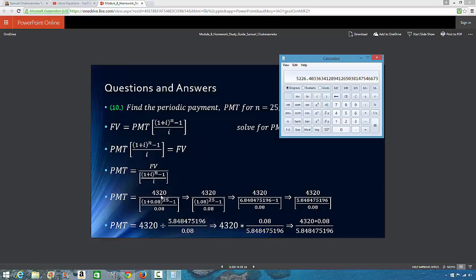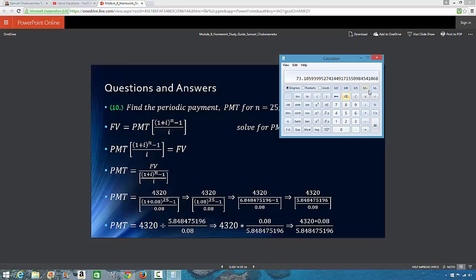So let's do this one. We do the denominator here. We start with the denominator. 1 plus 0.08 equal to, then raised to power 25 equal to, minus 1 equal to, divided by 0.08 equal to.